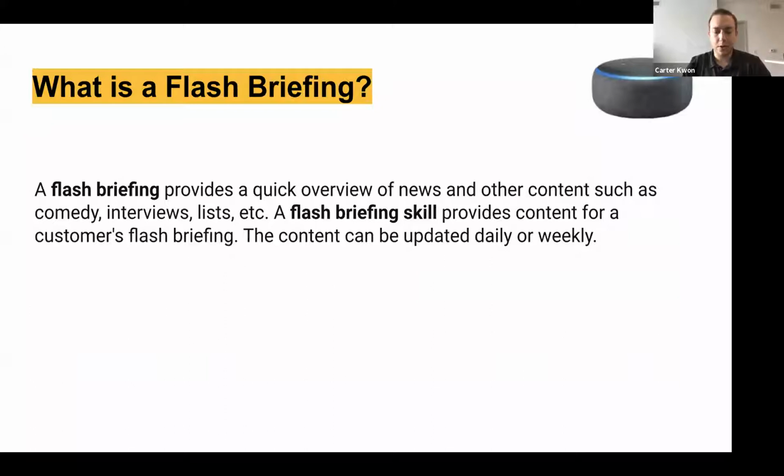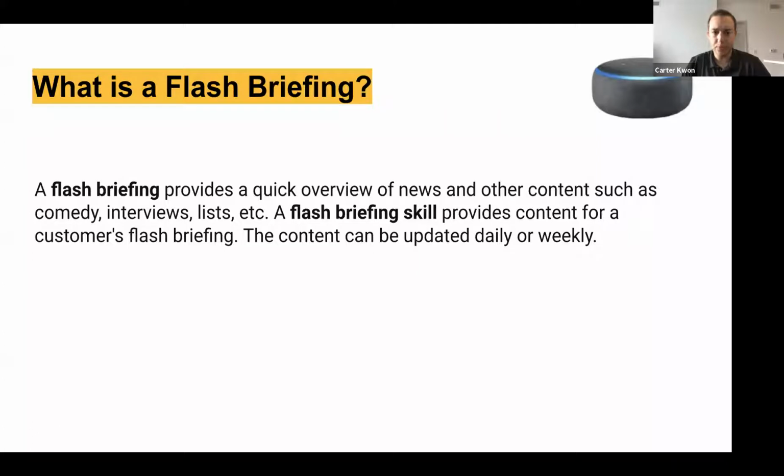And so for the hackathon, you can create any type or category of skill that you would like. But for the sake of this presentation and due to the fact that we're partnering with Cronkite for this, we'll be focusing on a specific type of skill, which is called a flash briefing skill.